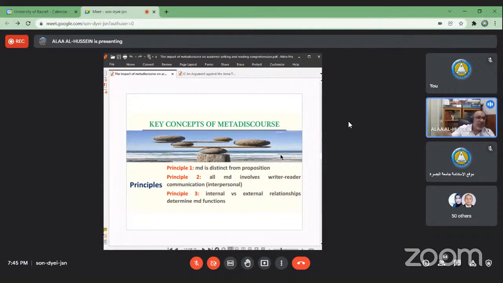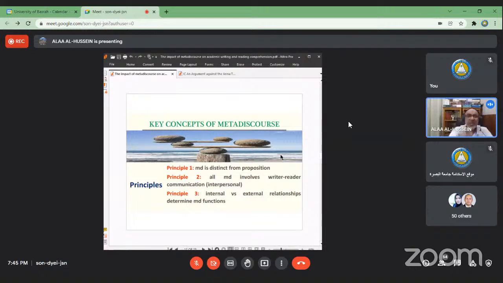As I showed you in the example, there are certain meta-discoursal items used in the text, and the rest of the text is what? The rest of the text is proposition. So this is the first principle, and this principle is common among all meta-discourse researchers, even those who preceded Hyland.